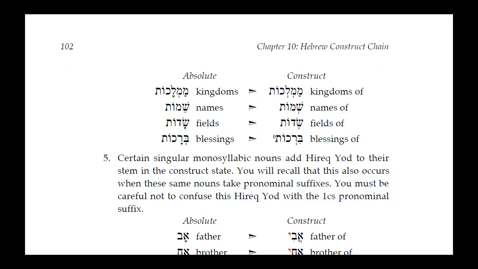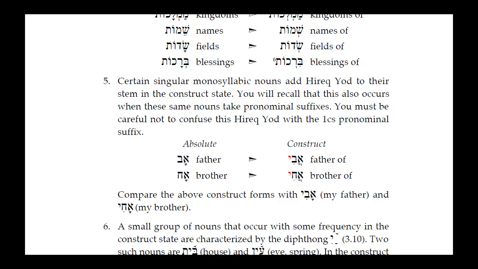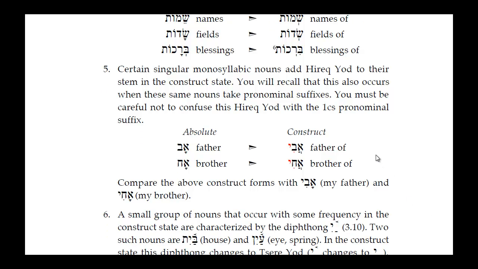Okay, and so let's go to number 5 here. Certain one-syllable nouns add the Hirik Yod to their stem in the construct state. You'll recall that this also occurs when these same nouns take pronominal suffixes. You must be careful not to confuse this Hirik Yod with the first common singular pronominal suffix.